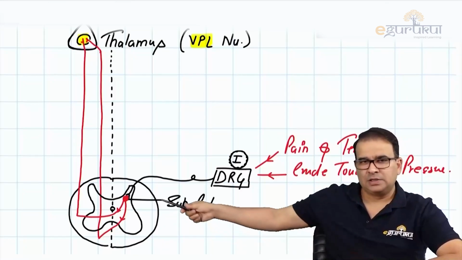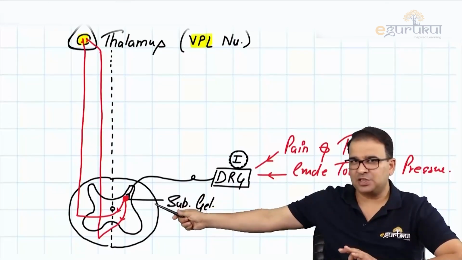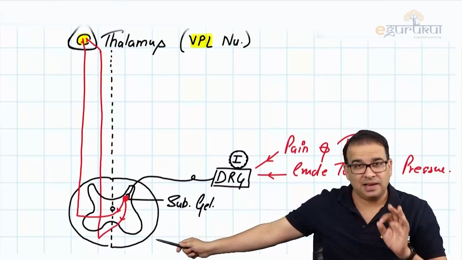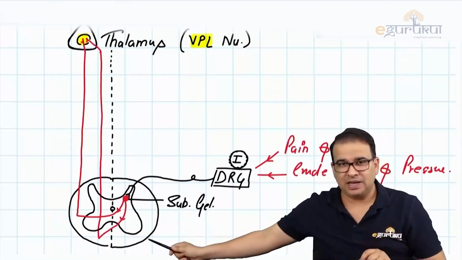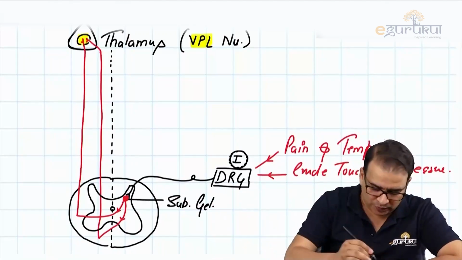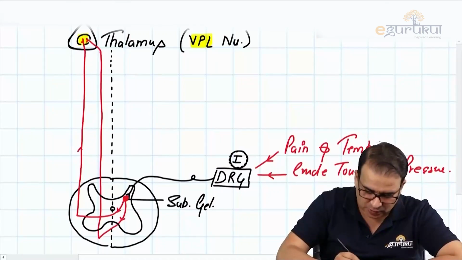You got my point? So second order neuron is starting from the substantia gelatinosa, decussating at the level of the spinal cord, giving rise to two tracts here. One which is carrying the pain and temperature, this is the one, and the one which is carrying crude touch and pressure is the one.